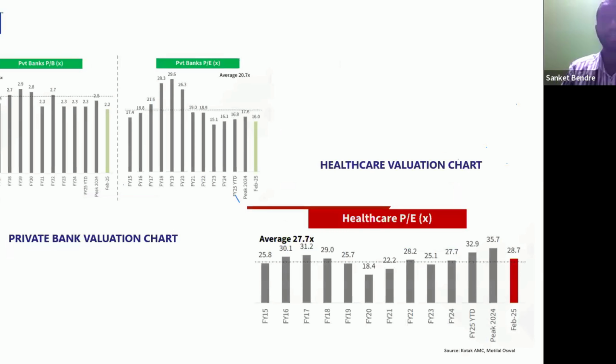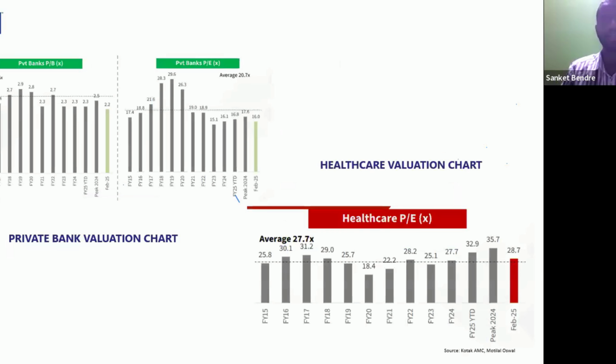In the next slide, as I mentioned, this is the valuation chart for private banks and healthcare. So as we can see, in the month of February, the valuation of private banks, that is the price to book value, was lower at 2.2x compared to its historical average of 2.5x.